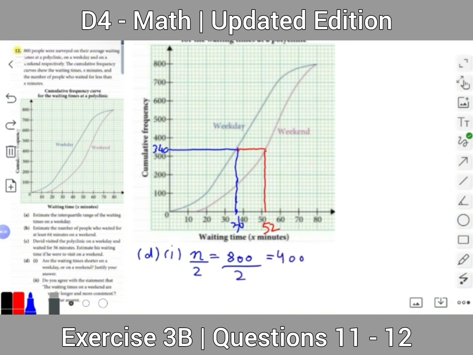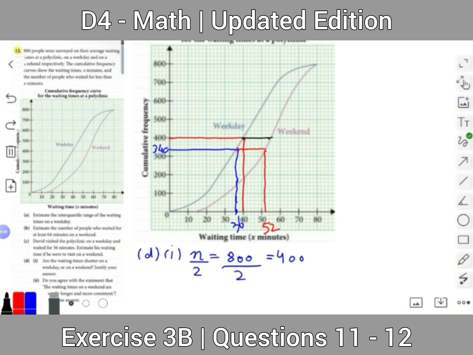So now from 400 we will draw a horizontal line until it touches the curve representing the weekday. So here we have the value 40 minutes for the weekday, and we will extend this horizontal line until it touches the curve representing the weekend.